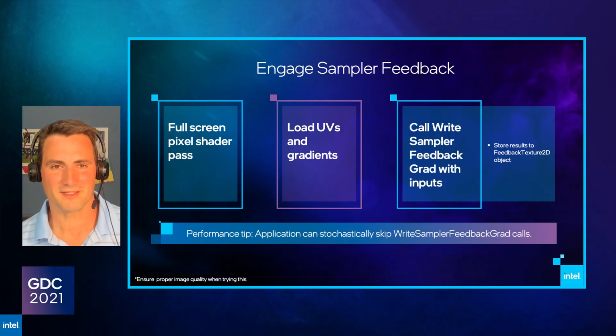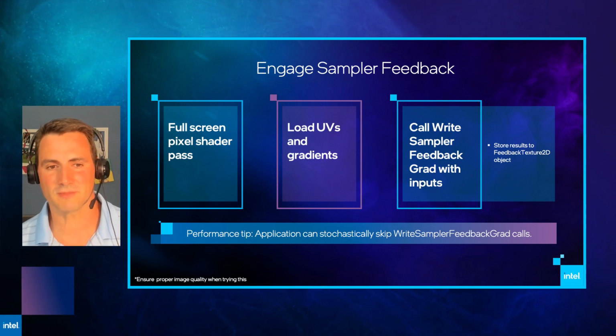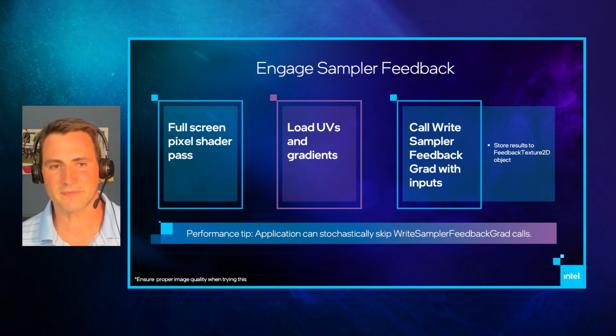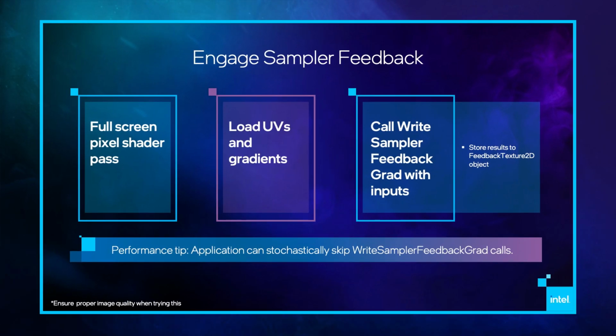Next in the pipeline is the pass where we actually engage the sampler feedback hardware. This pass is implemented as a full screen pixel shader pass. The first step of this pass is to load the UVs and the gradients generated in the previous pass. Next, we simply call the write sampler feedback grad API with the inputs that were loaded, meaning we performed the write sampler feedback grad call with the loaded UVs and gradients and a given sampler state as programmed by the application.